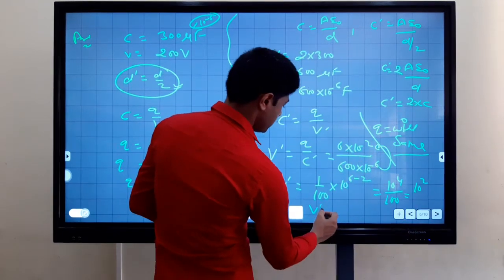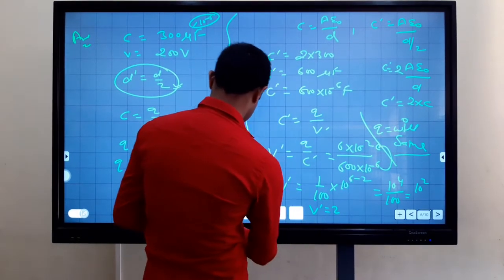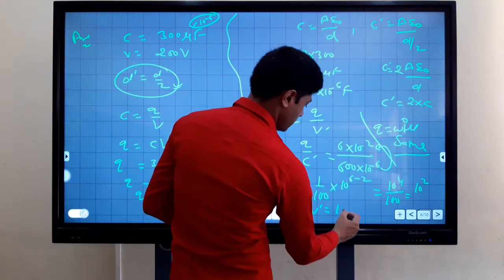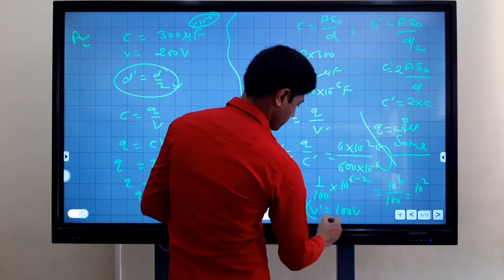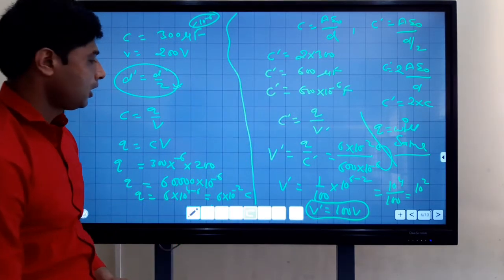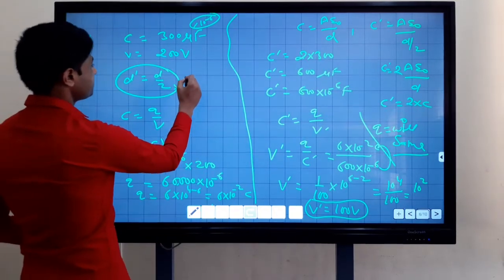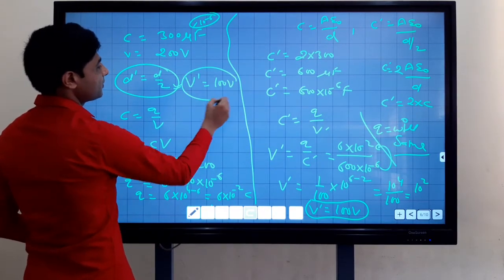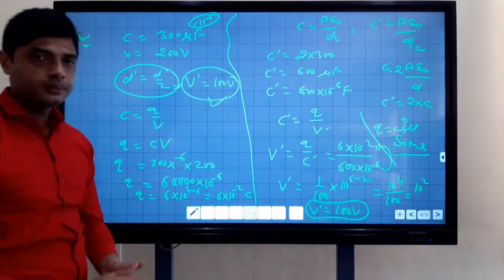So V dash equals 100 volt. So the final voltage is 100 volt. V dash is 100 volt.